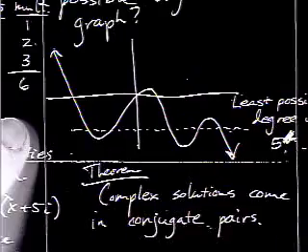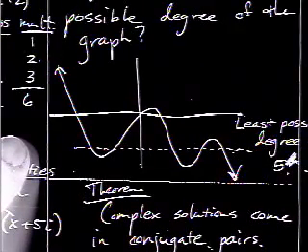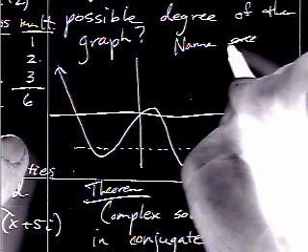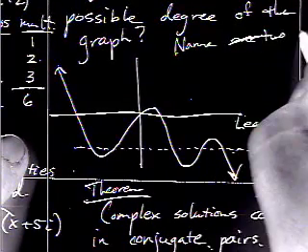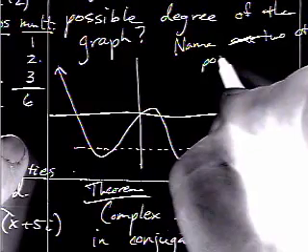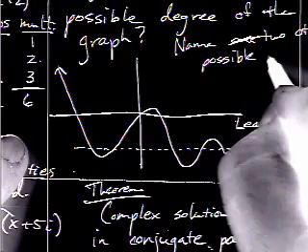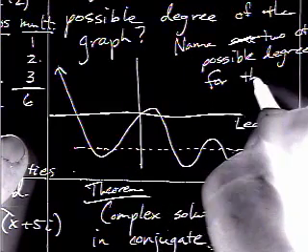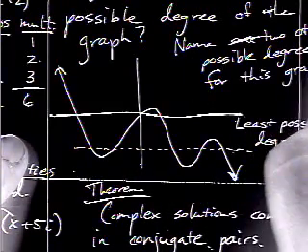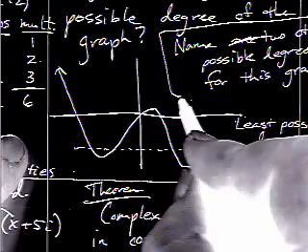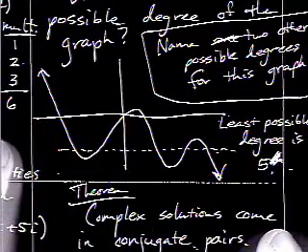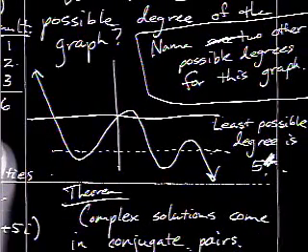So take this last situation. Name 2 other possible degrees for this graph.